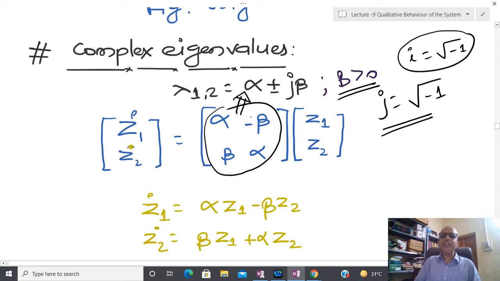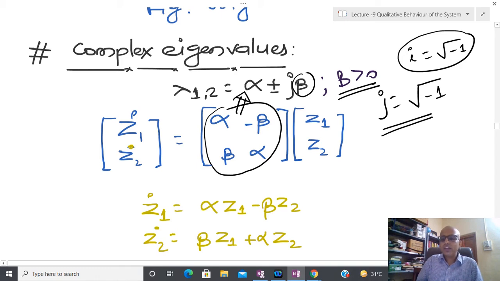For the time being, you can assume that whenever I have a complex number, I can represent it in the form of a matrix also. How? You take the real part of the complex number, then the imaginary part with a negative sign, beta and alpha. In the modern control theory course, I will clarify this point.